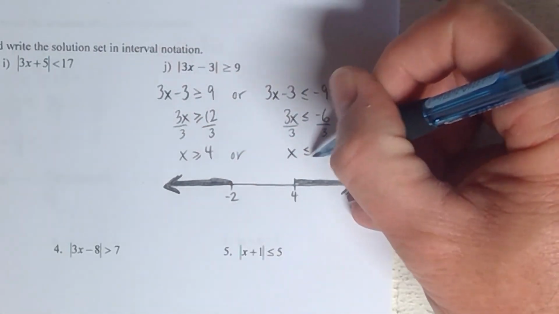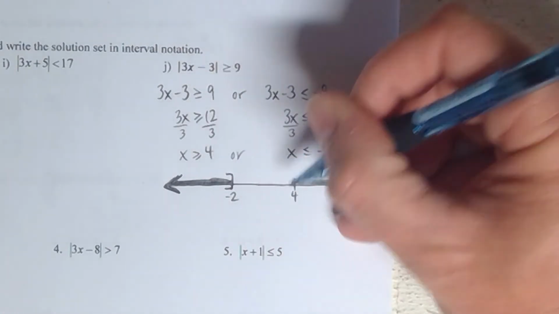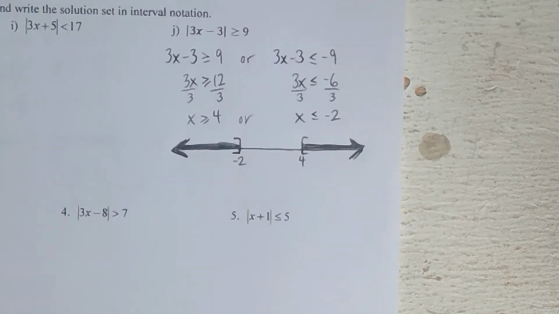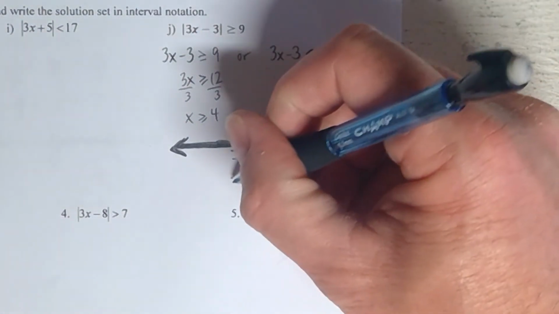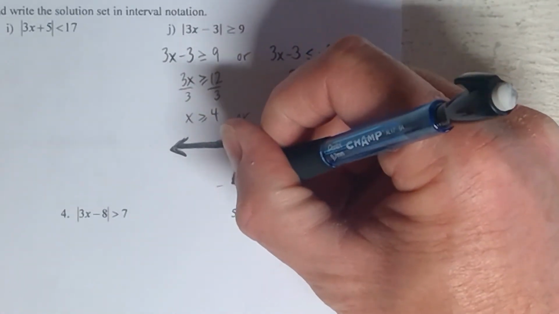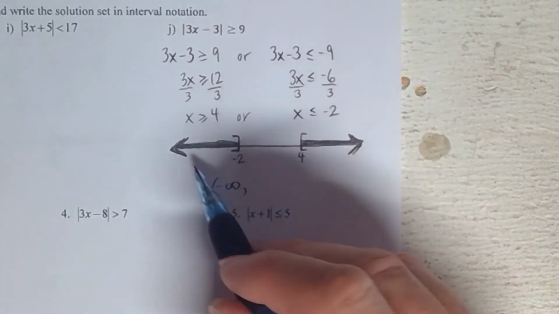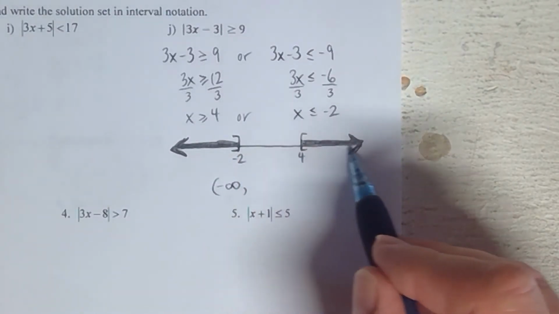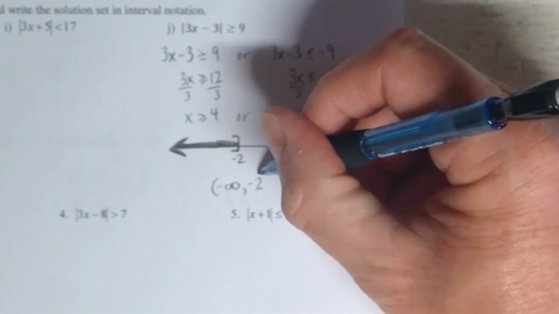Because the 4 and the negative 2 have an alligator foot next to them, these are going to be square brackets this time instead of round ones, like that. And now that I'm done with my shading and my brackets, I do my interval notation. As we learned in the last section, whenever you go from left to right and the shading stops but then starts back up again later, we go like this right here.